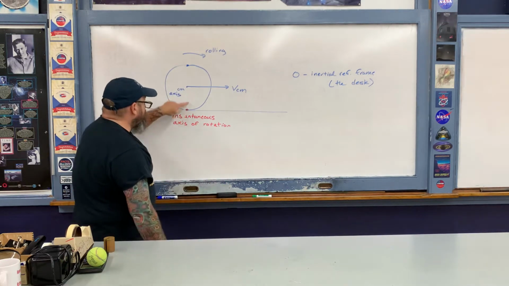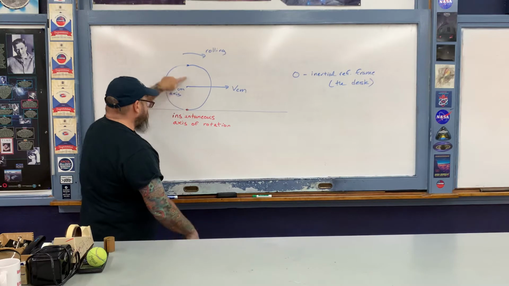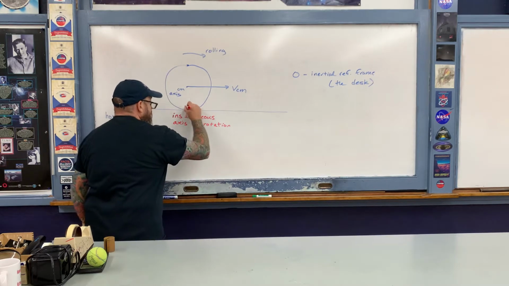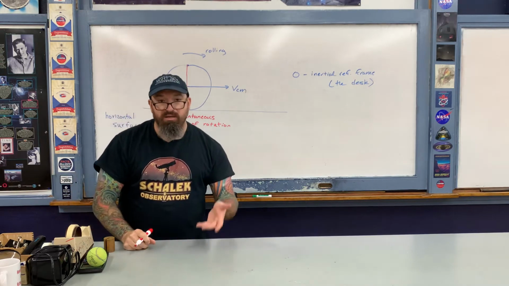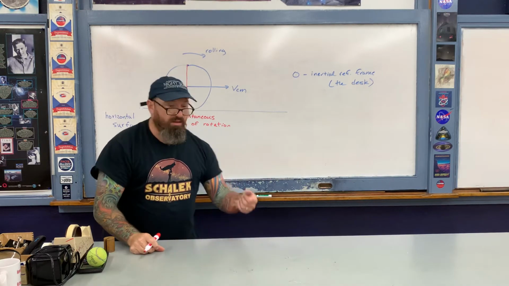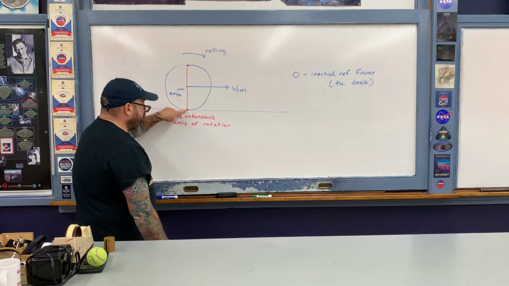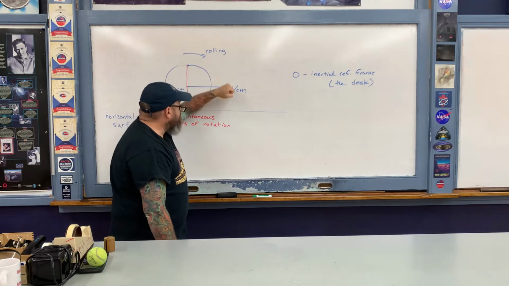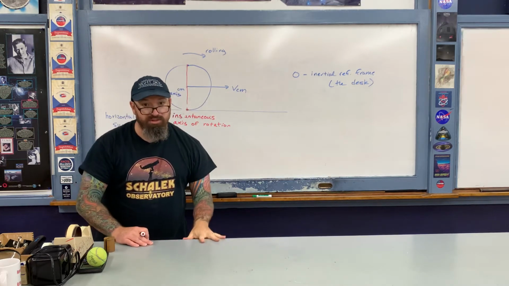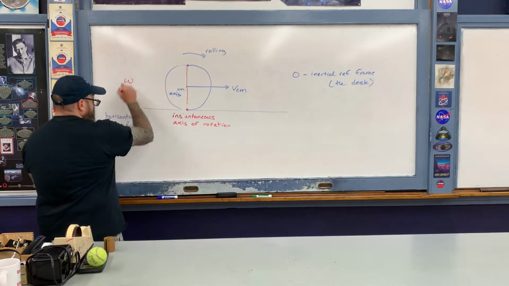Now, because the ball is rigid, any point along this diameter of the ball has the same angular velocity, omega, with respect to this point. In other words, all portions of my lower arm rotate through the same amount of angle per time. Let's refer to that as omega.